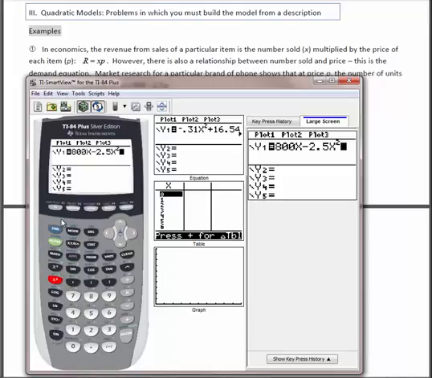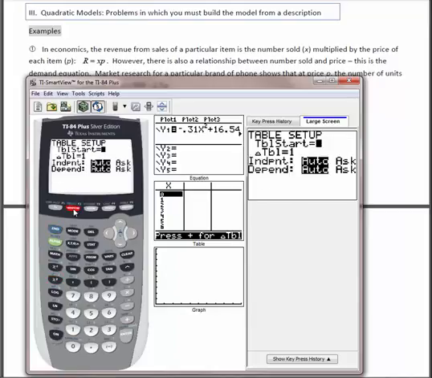This time, rather than go to a graph, I'm going to go to a table. And the first thing you're going to want to do is set up your table. So above the window key, it says Table Set. And it goes Second, Table Set. And I don't care about anything here except under this independent variable. I'd like to change it to say Ask.